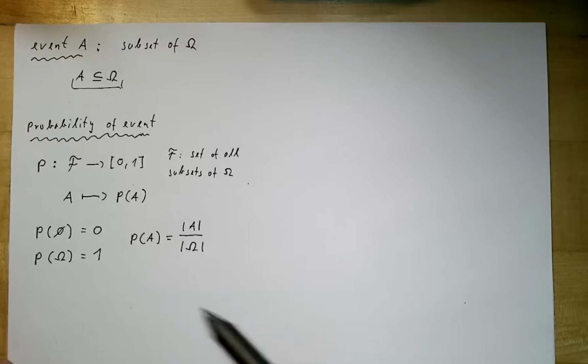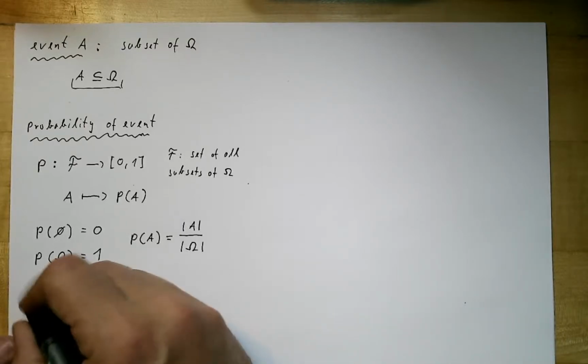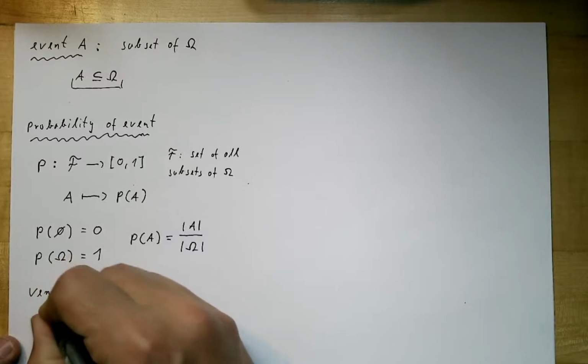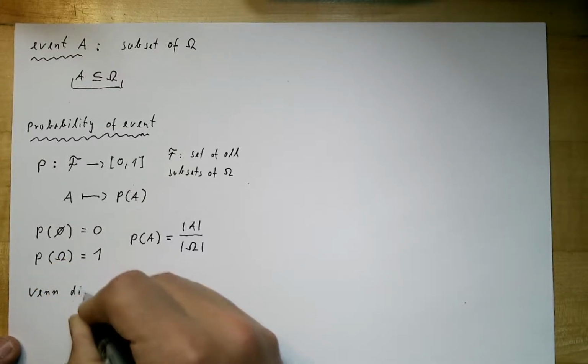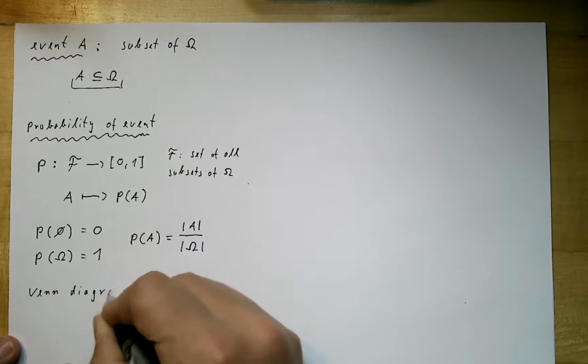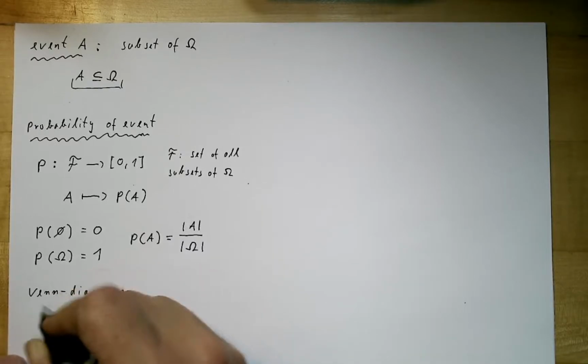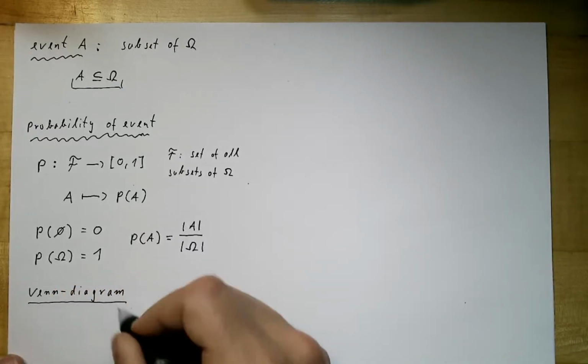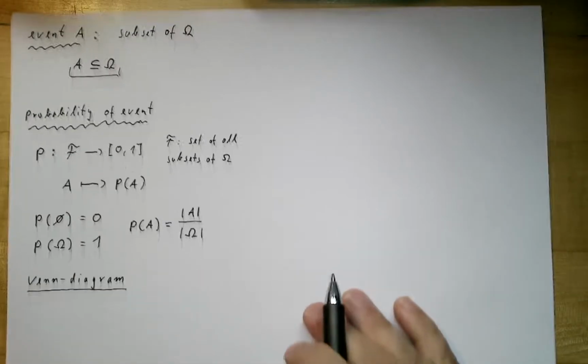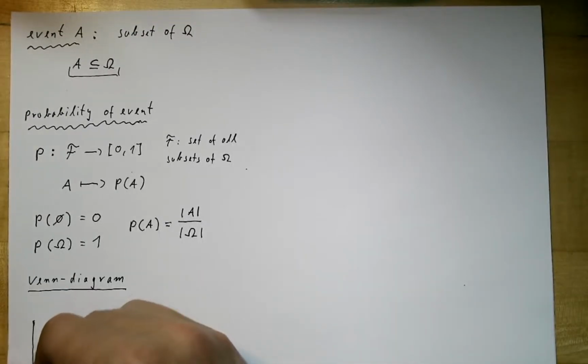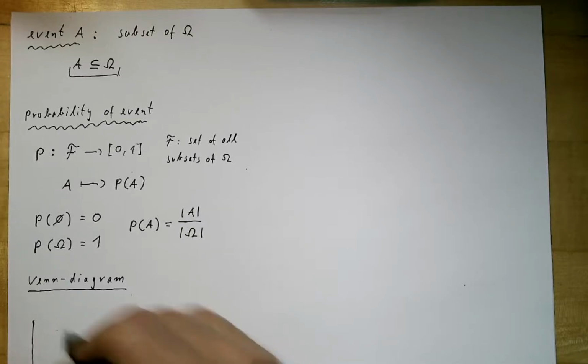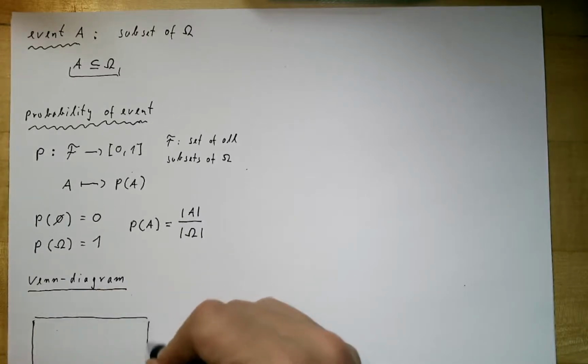If you want to visualize this, very often we use Venn diagrams. So we depict or visualize the whole sample space maybe as such a rectangle.